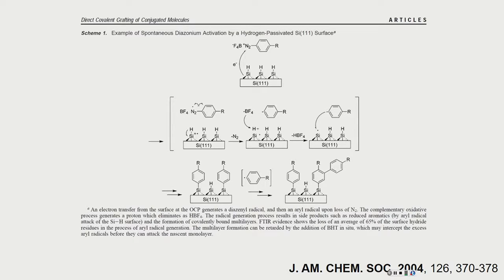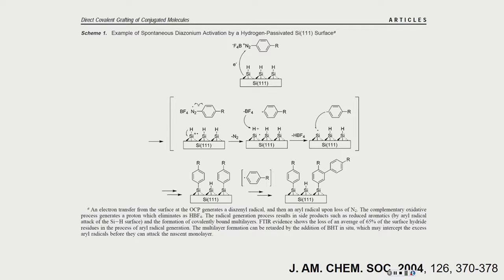Basically, this is the surface, and the surface silicon is passivated by hydrogen, and this is the diazonium molecule. So this is a cation, and this is an anion. Under certain conditions, there will be charge transfer from the surface to the molecule, and because of this charge transfer, the surface is now positively charged.